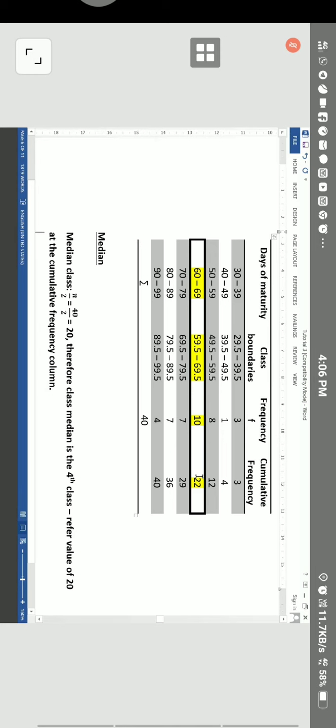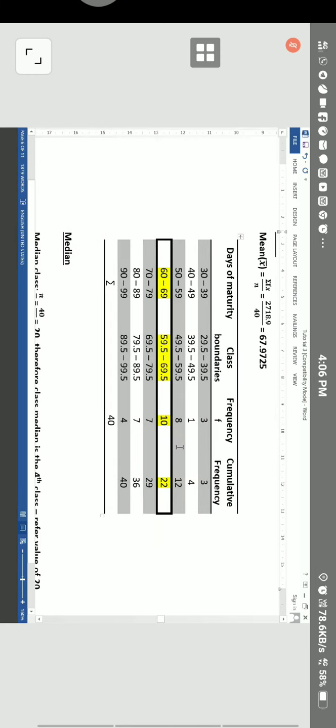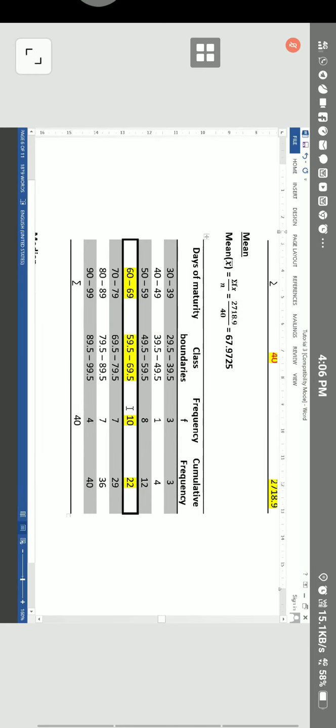When you identify your class at class number 4, what is your class frequency? Okay, 12. And the 10 is the cumulative frequency before that class.